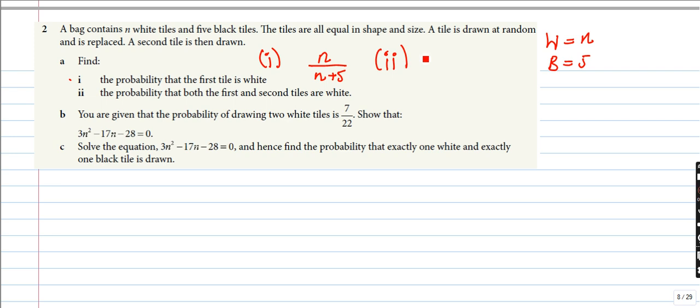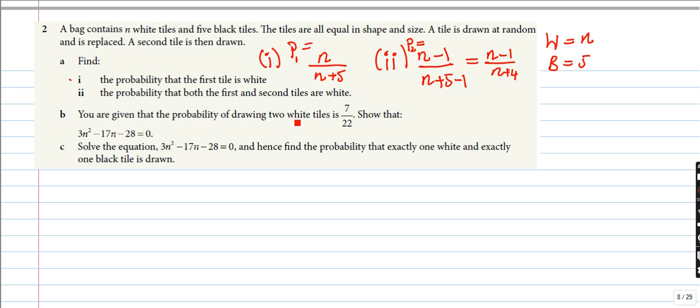If I'm to find the probability of the second one, the number of white tiles is going to be reduced by 1 because 1 is already removed, and the total number is also going to be reduced by 1. So the probability of picking the second tile to be white is n minus 1 divided by n plus 4. We call this P1 and this is P2.